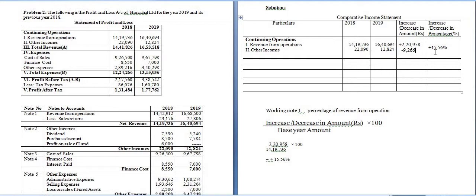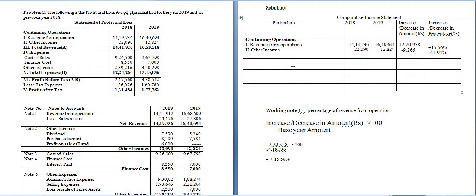And for the percentage, again a minus sign: 9,266 divided by 22,090 rupees, which is equal to 41.94 percent.